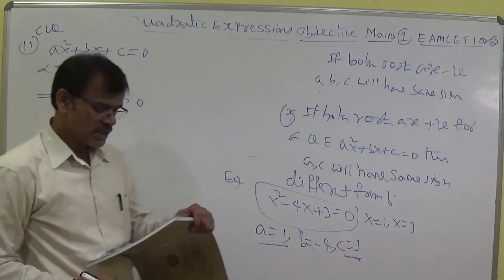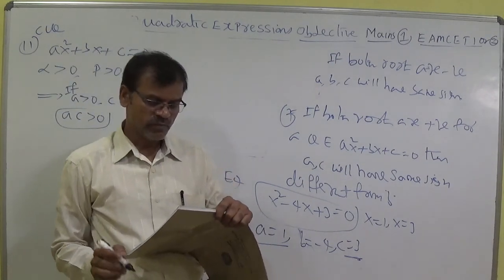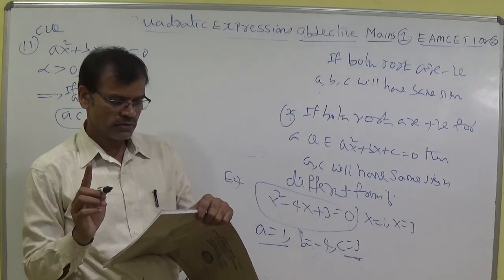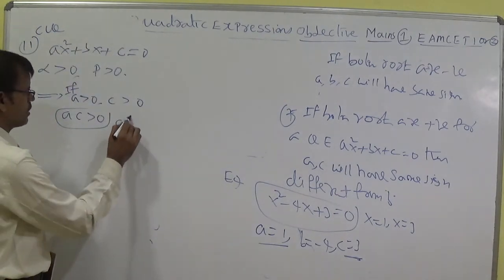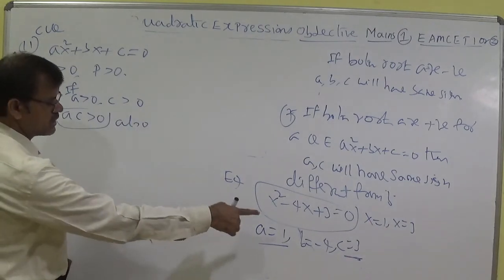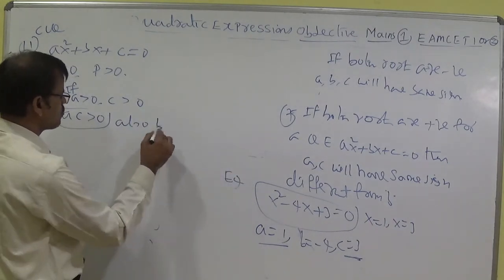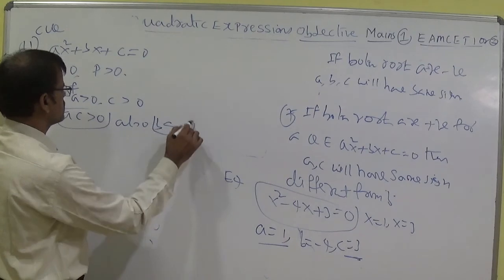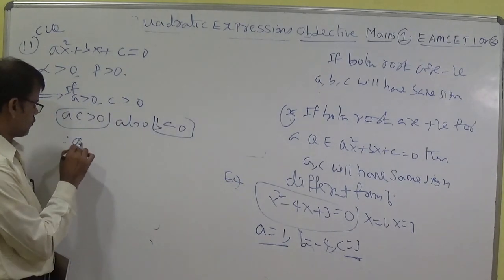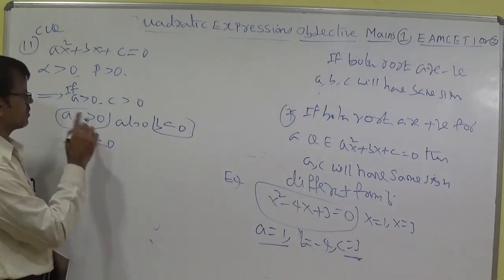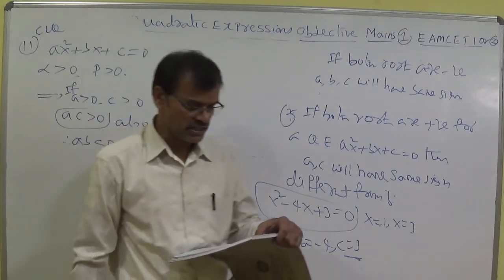How many options contain ac greater than 0? First two, or third, delta greater than 0. And also I am writing, because this is different from b, so b less than 0. If a greater than 0 and c greater than 0, b is 100% less than 0. Therefore ab less than 0, because of the plus into minus concept.